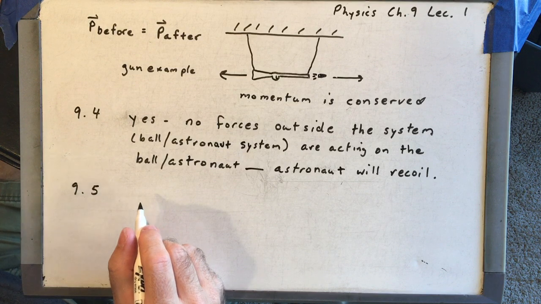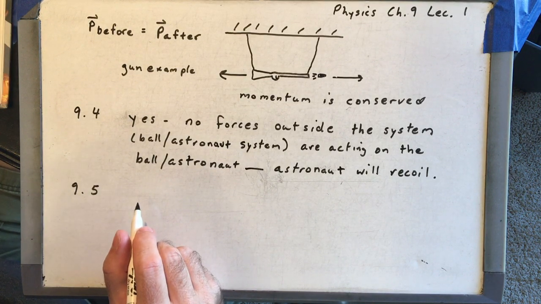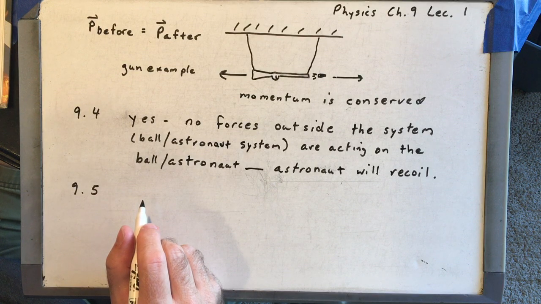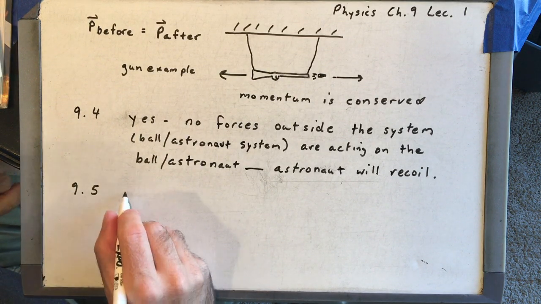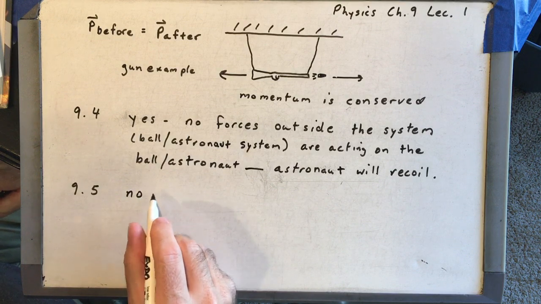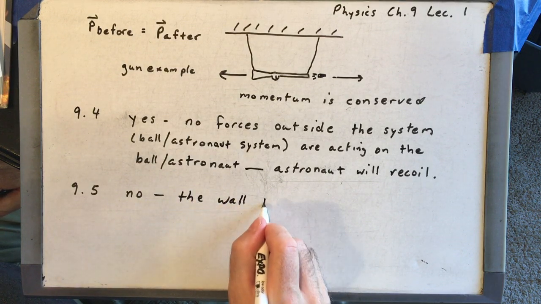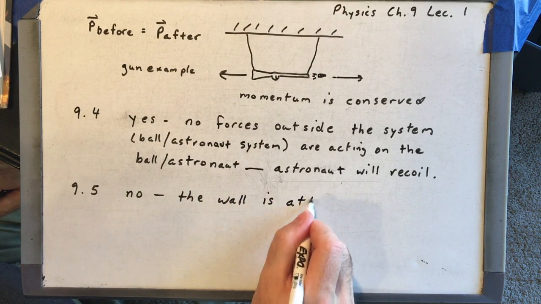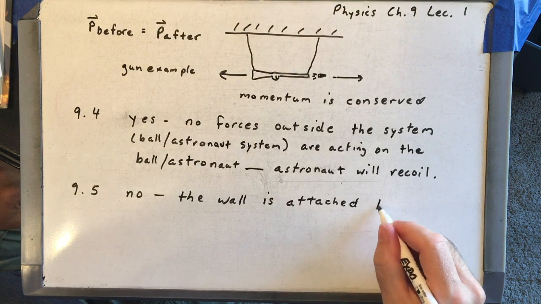All right, 9.5 says, a toy car is rolling along a floor. It suddenly crashes into the wall, coming to a complete halt. Does the law of momentum conservation apply to the car and the wall? Okay, the answer there is no. The wall is attached to the structure.